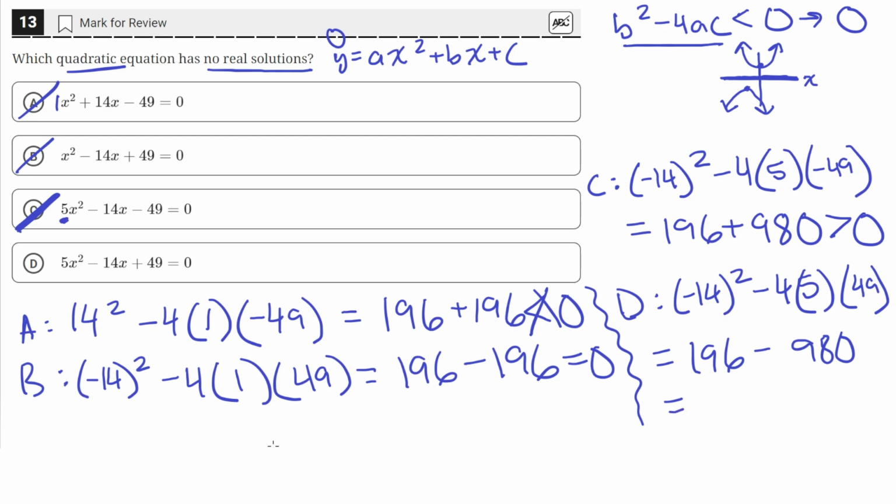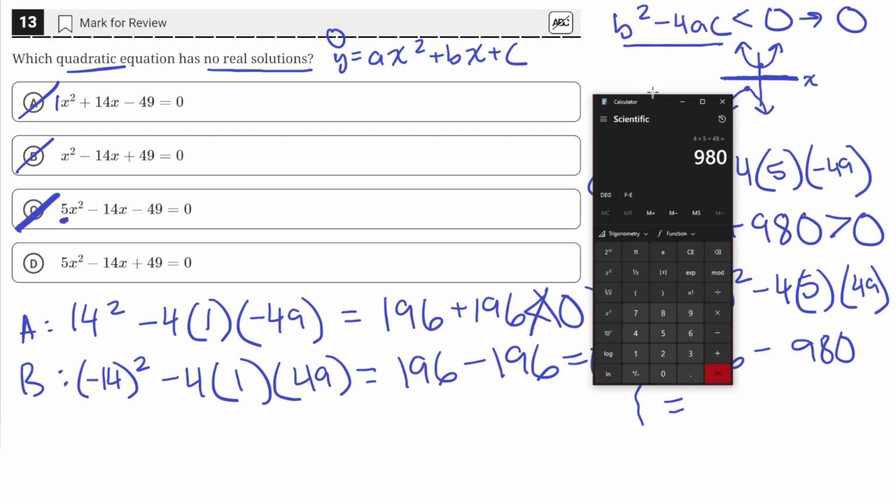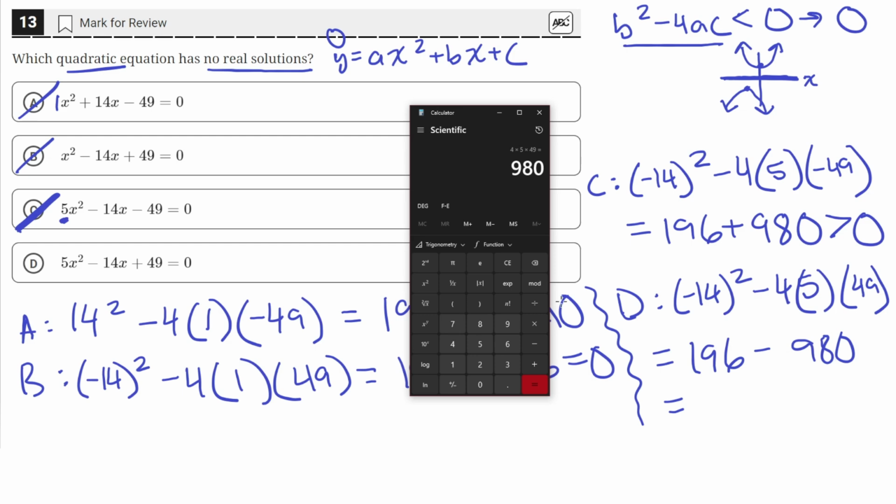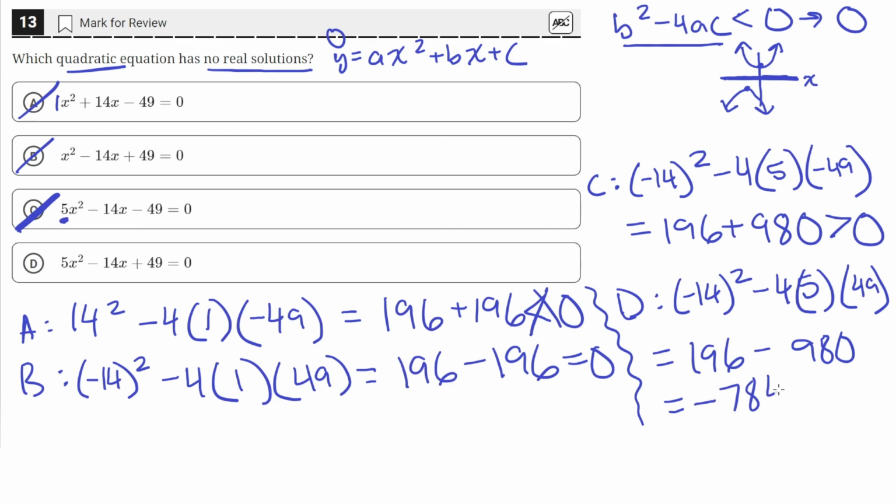And this is going to clearly be a negative number, since 980 is much larger than 196. So 196 minus 980 is equal to negative 784, which is less than 0. So that means D has no real solutions. So D is the correct answer.